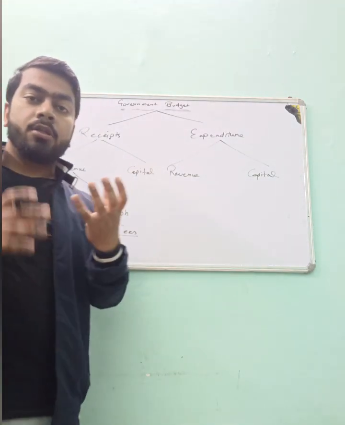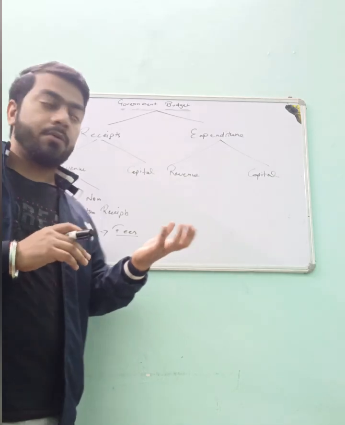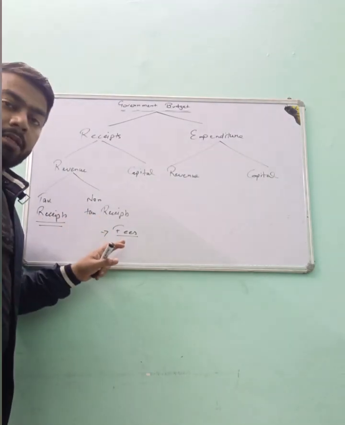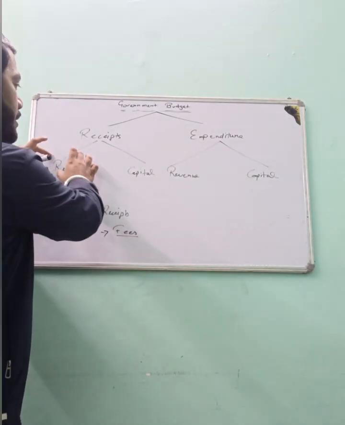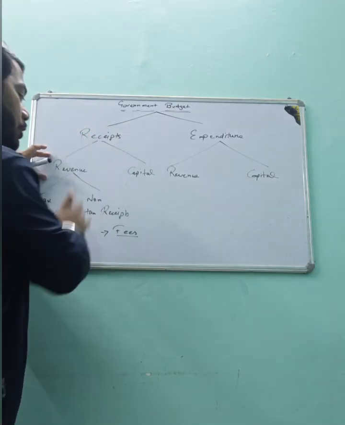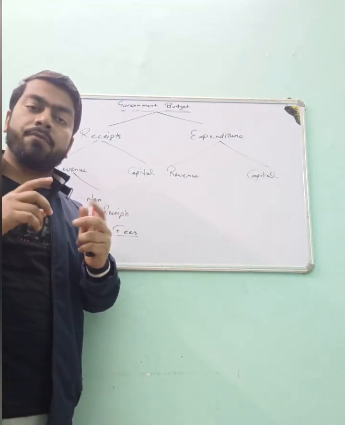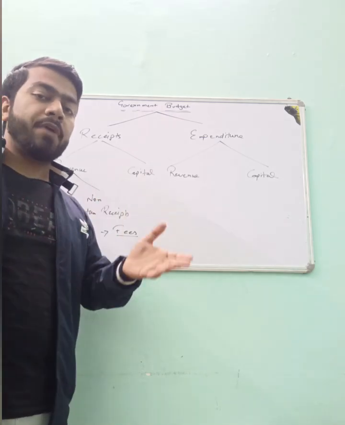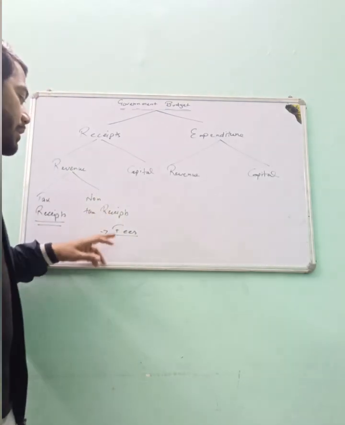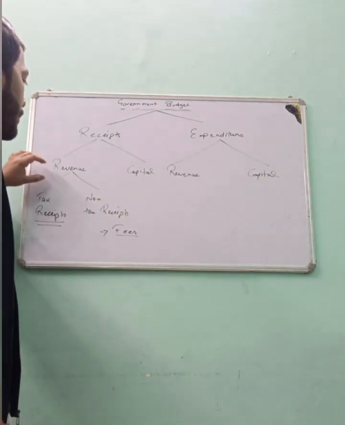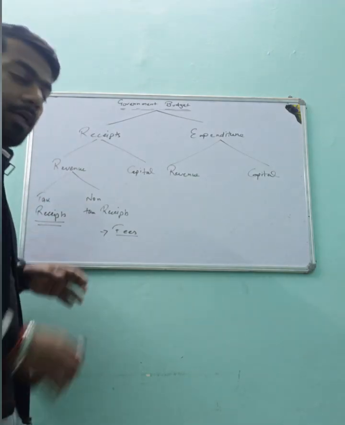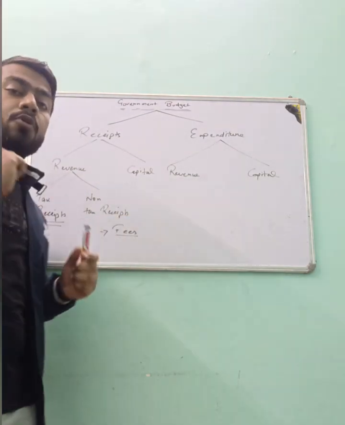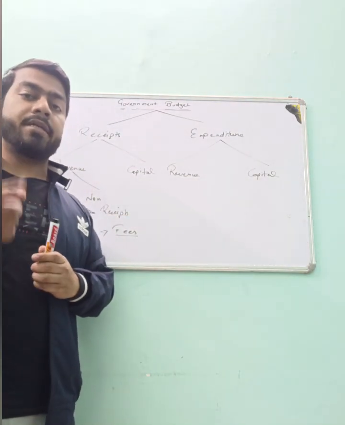This is not a type of tax, but still government is earning that. So it is a part of revenue receipt because government is earning fees on a regular basis. It is not affecting assets and liabilities. That's why fees form part of revenue receipt, but it is a type of non-tax receipt, not a tax receipt.